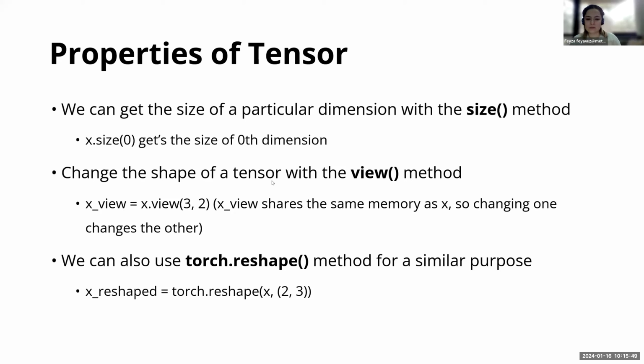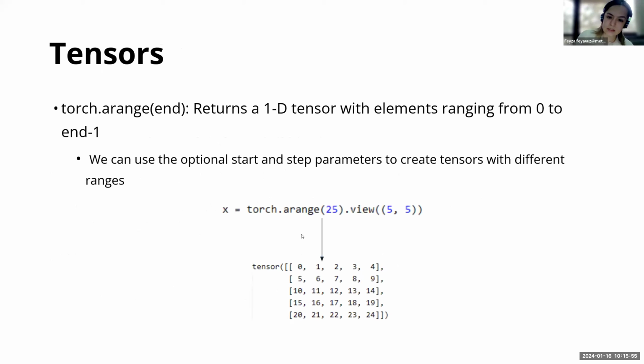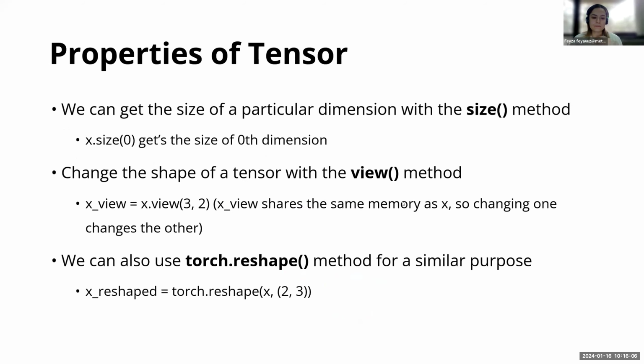We already saw that in this example. torch.arange gives us a 1D tensor, and we reshape or view it as a 5-row, 5-column tensor like this. You should keep in mind that when we initialize xView as x.view, xView and x share the same memory.